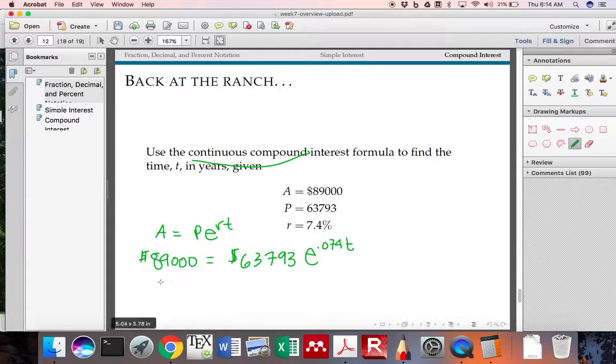So let's start by dividing through by 63,793 like we did previously.